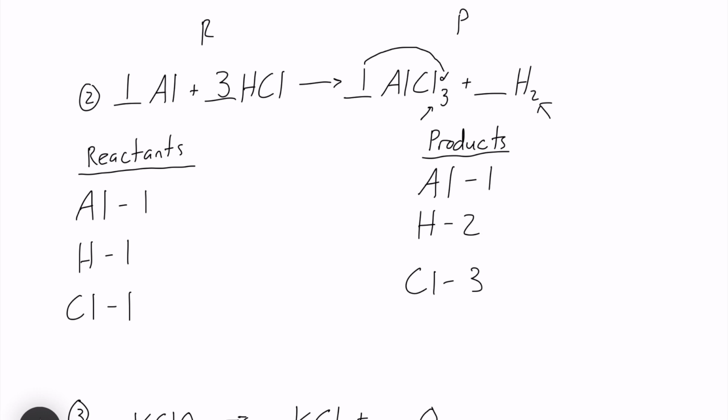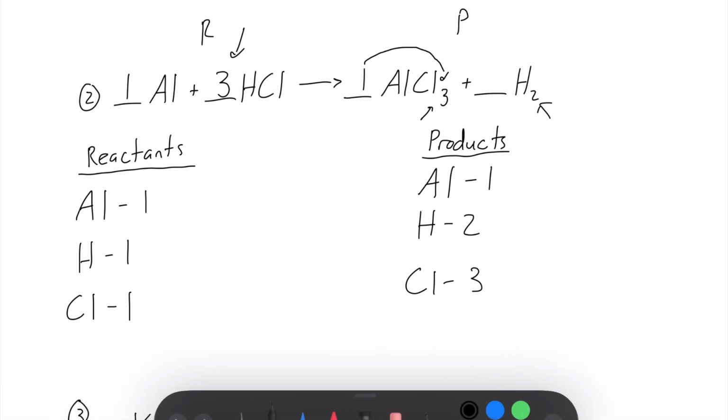And you're going to find that this actually doesn't work, because since we have H2 and we have 3 hydrogen on our reactant side, we cannot multiply H2 by anything to get 3 hydrogen. So I'm going to go ahead and we are going to retry.